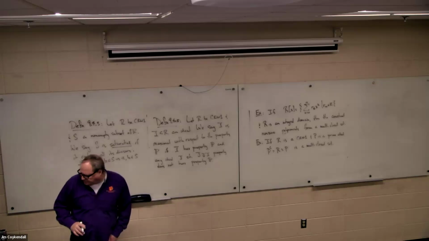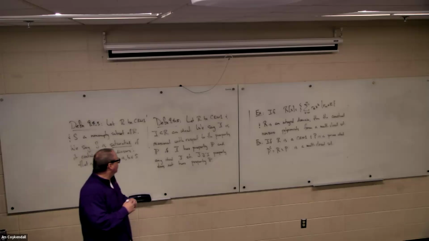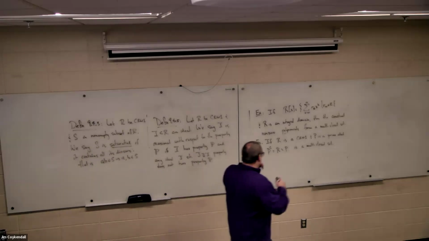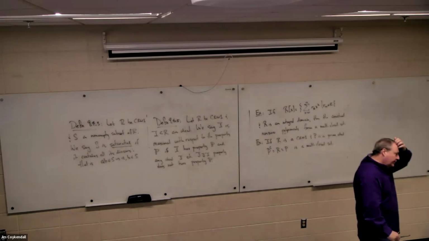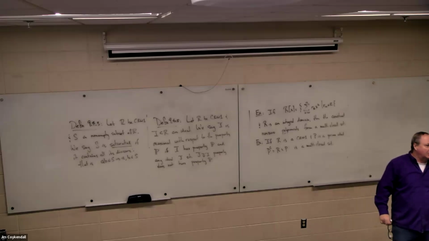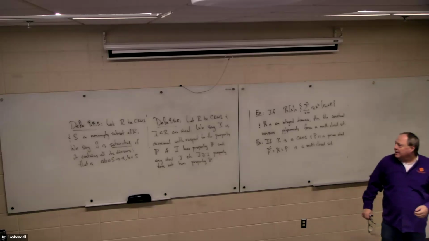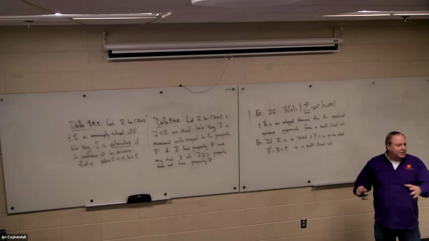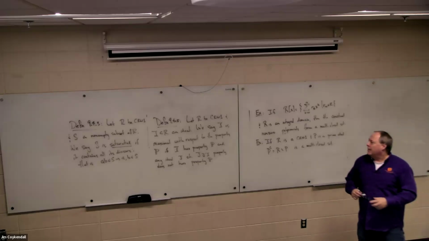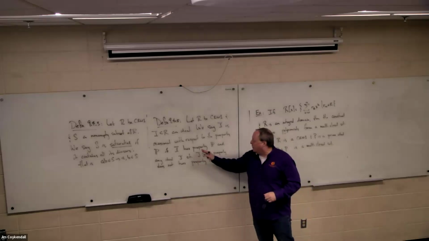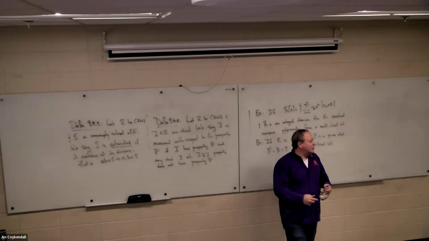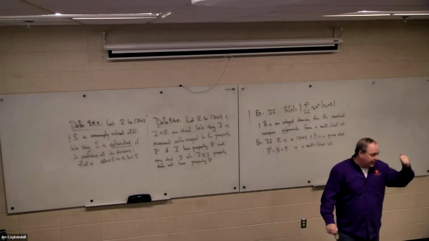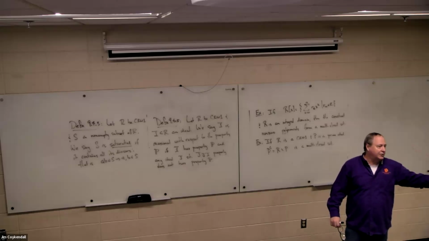So this is what I mean when I use this terminology. I might say I is maximal with respect to a certain property. This property might be not finitely generated. So what do I mean if I say I has the property that it's maximal with respect to not being finitely generated? It means it has that property. It's not finitely generated.